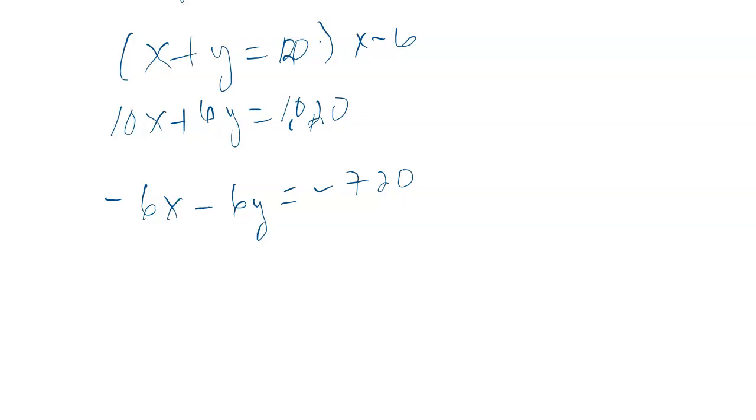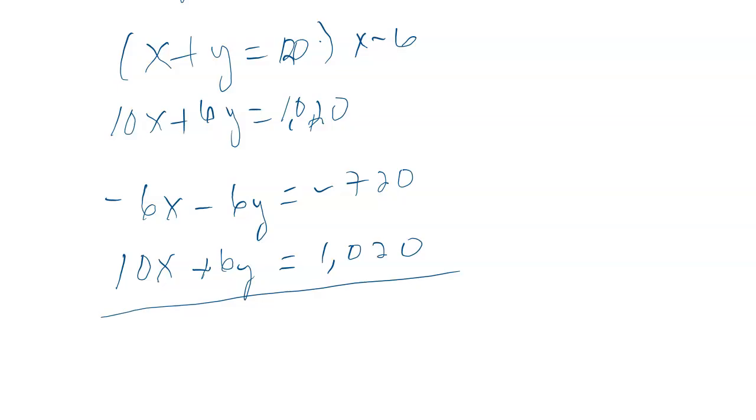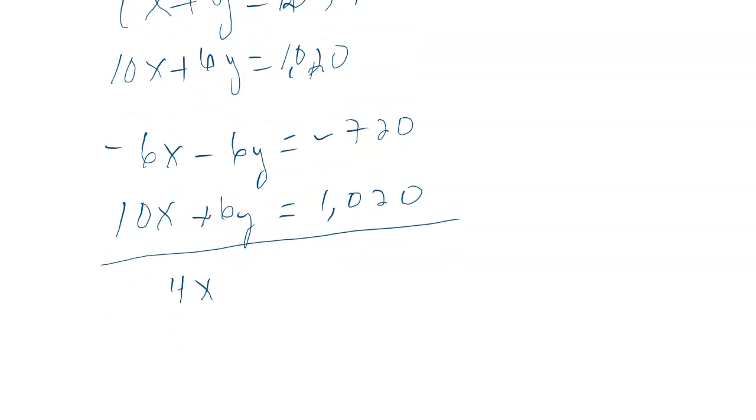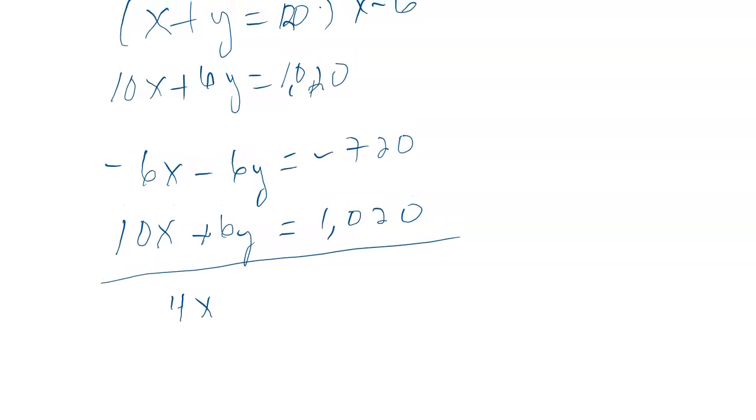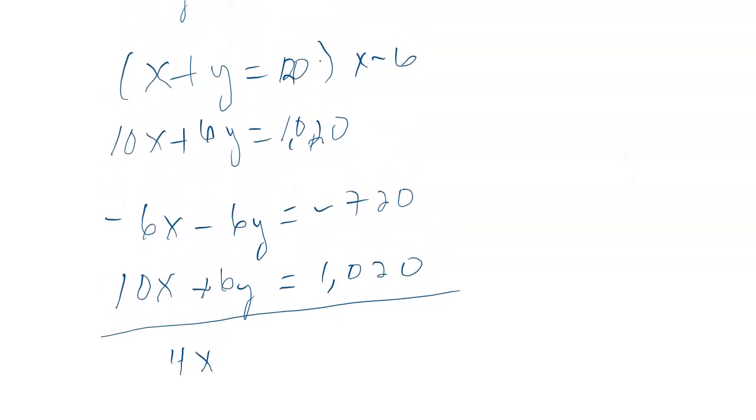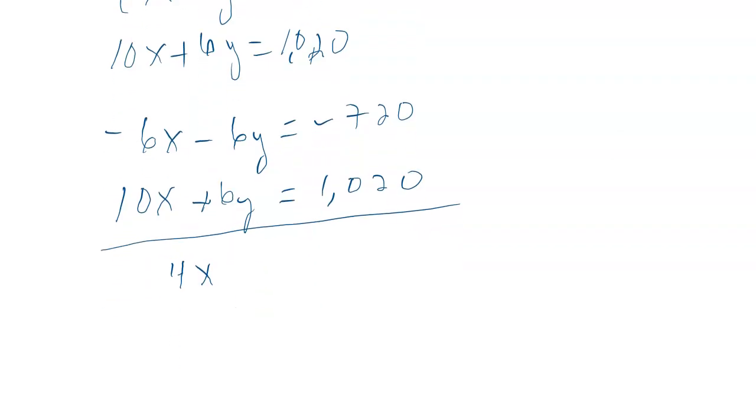Yeah, that makes sense. This is 10x plus 6y equals 1020. I got 4x equals 300. Why didn't this work out? I wanted nicer numbers.